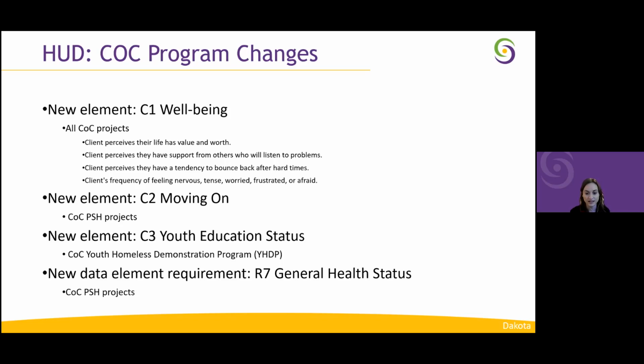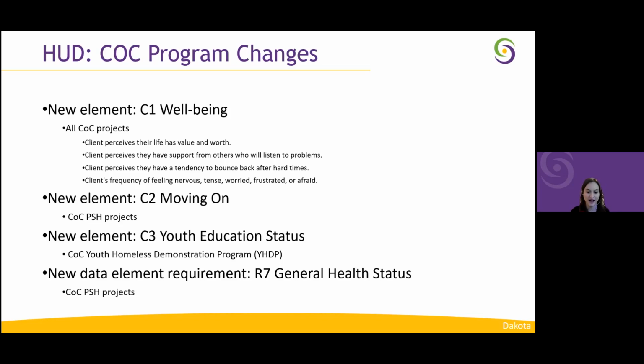And then another new element is youth education status. This is only required for projects that receive the Youth Homeless Demonstration Program grant funding. And this will ask questions about current school enrollment and attendance, most recent educational status, current educational status, and that's it.